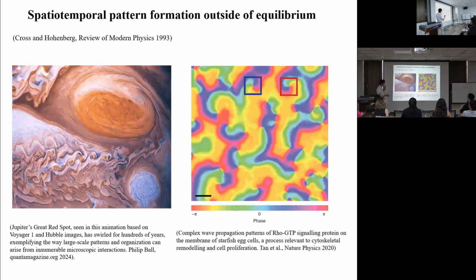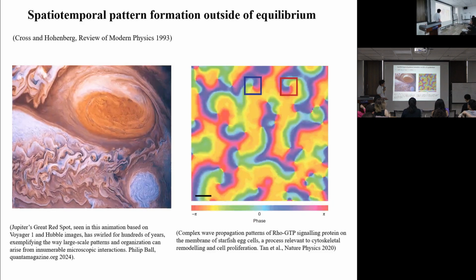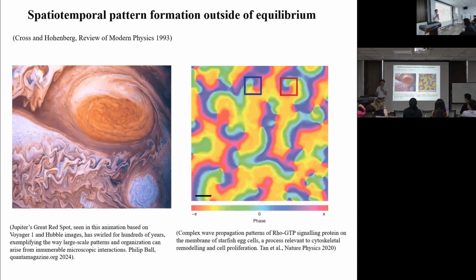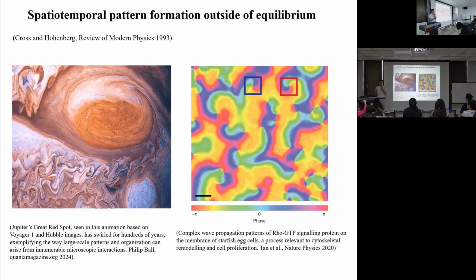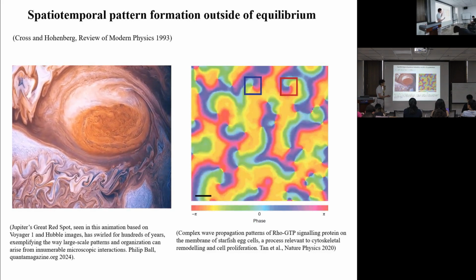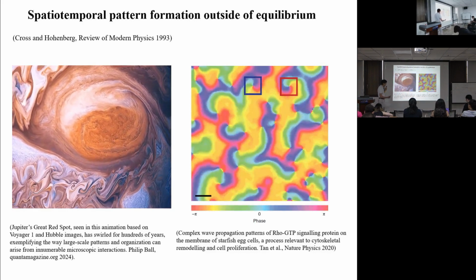So when we look around at our universe, one thing we should notice is that there are a lot of emergent coherent structures, because of interactions of many macroscopic components. Here I'll just give you an example.